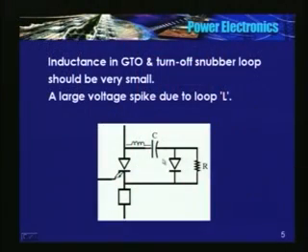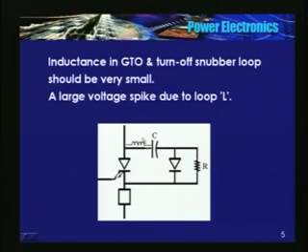What is another point that we discussed? The inductance in the loop formed by GTO and the turn off snubber should be very small. Say this, the loop inductance should be very small. Why?